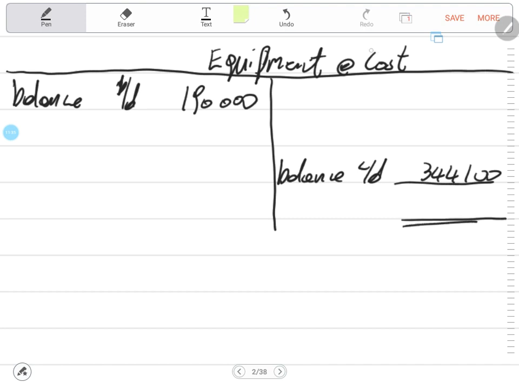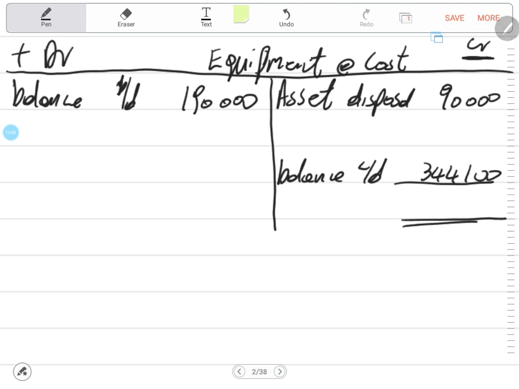Because our assets are at cost, we do not record depreciation in this ledger account. But we record the cost price of the asset or equipment that was sold, because when we sell our assets, they have to decrease, and assets decrease on the credit side and increase on the debit side.